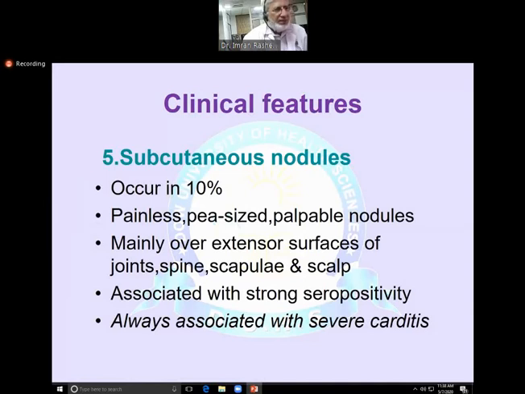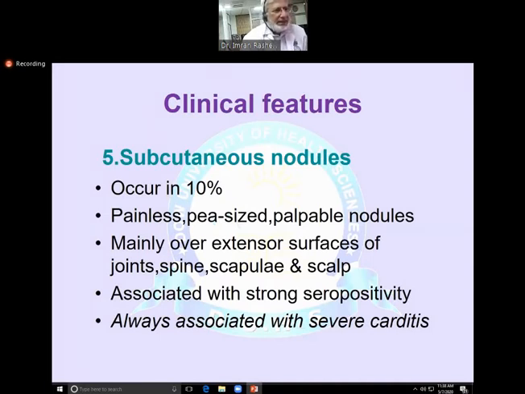Now, the fifth major clinical feature of rheumatic fever, beside the arthritis, carditis, Sydenham's chorea, erythema marginatum, is subcutaneous nodules. They occur in 10% of patients of rheumatic fever.